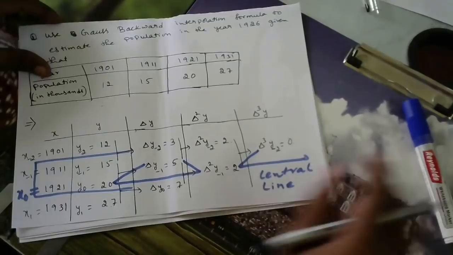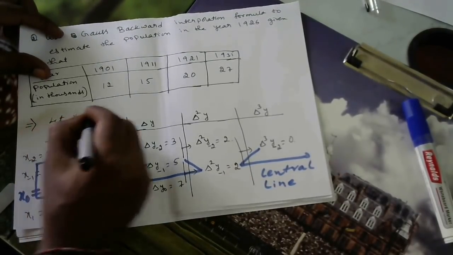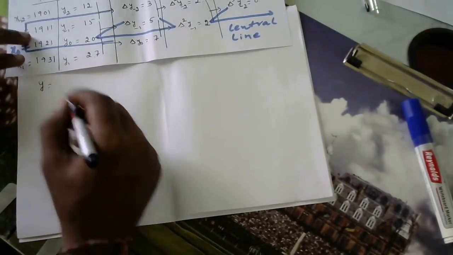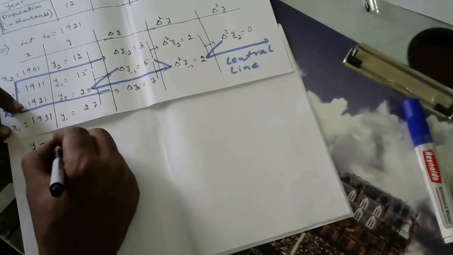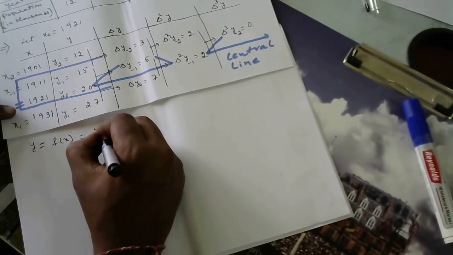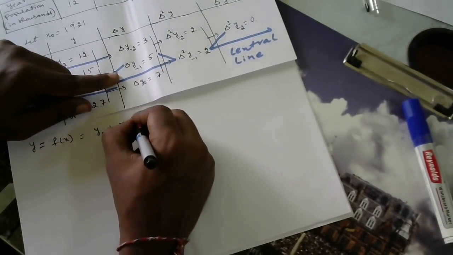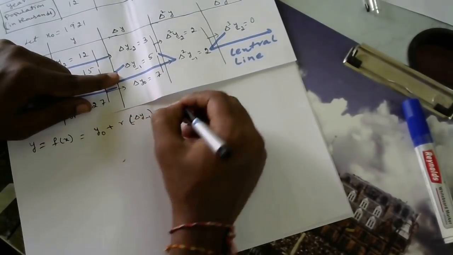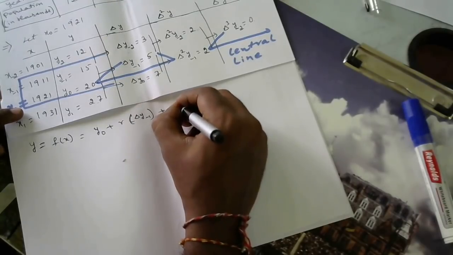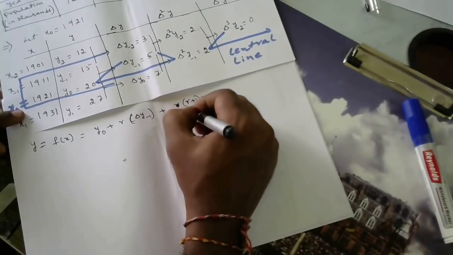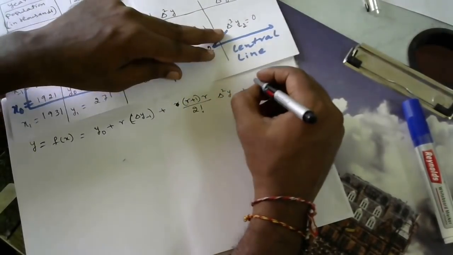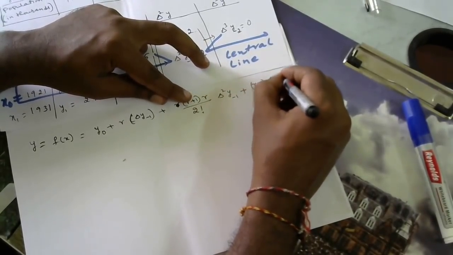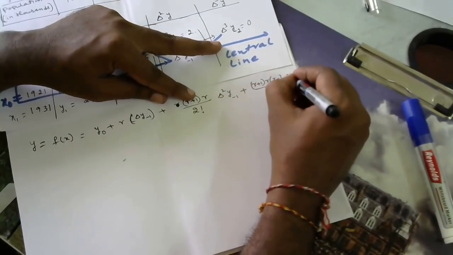So write down the formula and substitute the values. Here what is x naught? x naught equals 1921. Now here y equals f of x equals y naught plus r into delta y suffix 1, plus r into r plus 1 divided by 2 factorial into delta square y suffix minus 1, plus r plus 1 into r minus 1 divided by 3 factorial into delta cube y suffix minus 2.